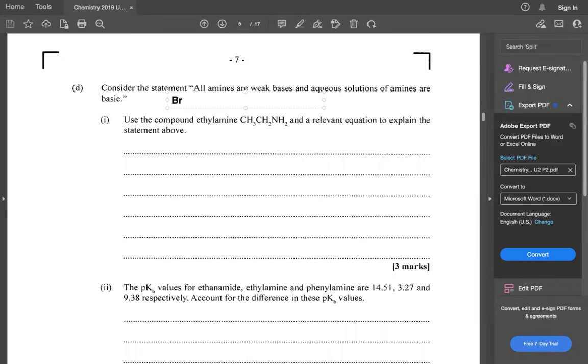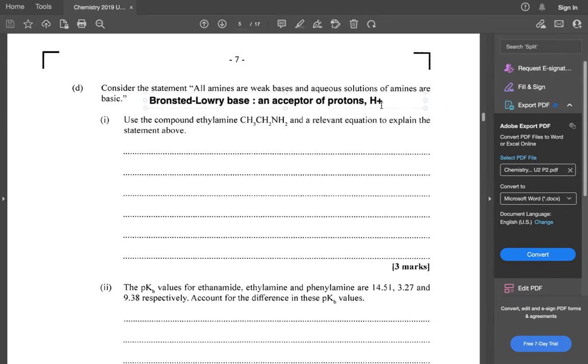So let me just write Bronsted-Lowry base. This is from our Unit 1 knowledge now. So a Bronsted-Lowry base is an acceptor of protons, right? Or H plus, right? So that's a Bronsted-Lowry base. That's how we define a base, right?